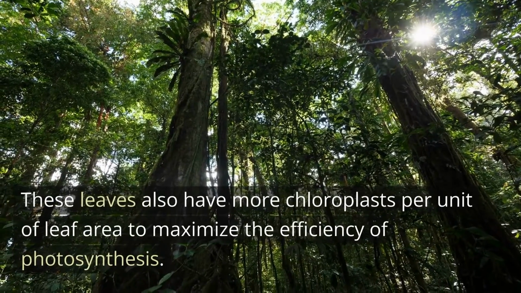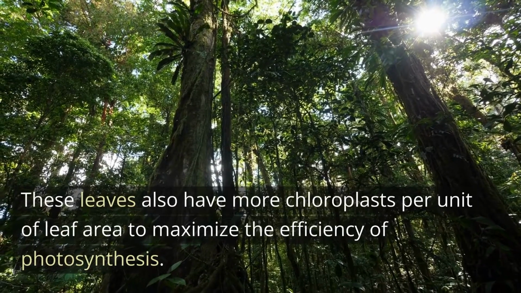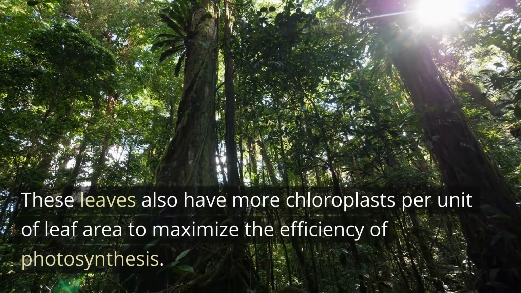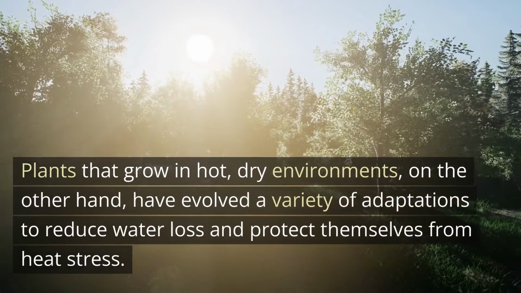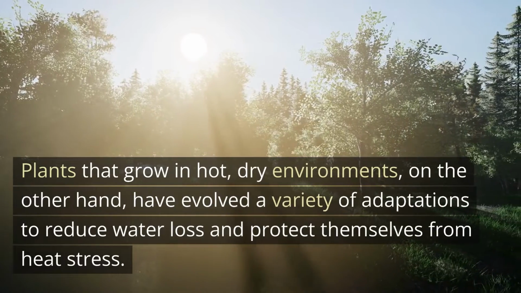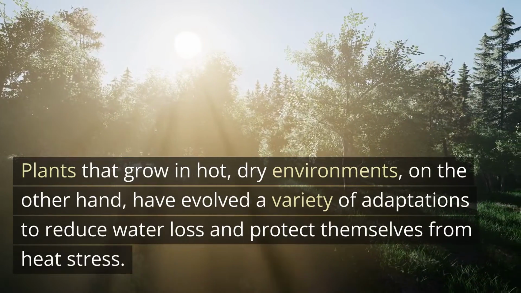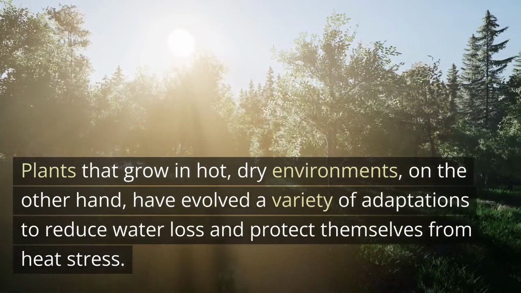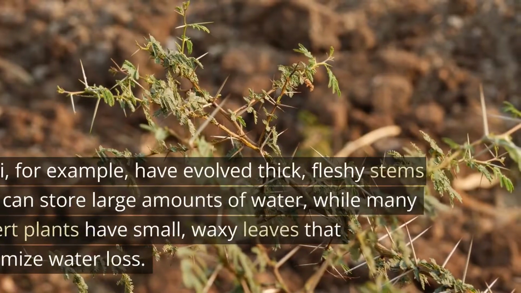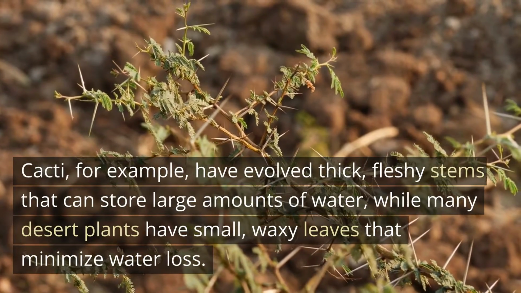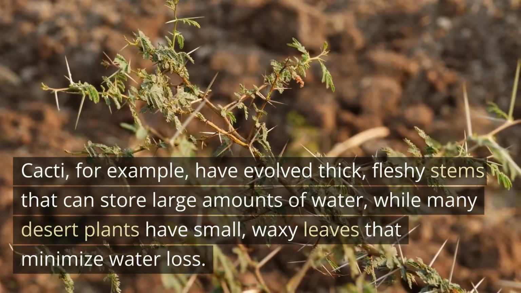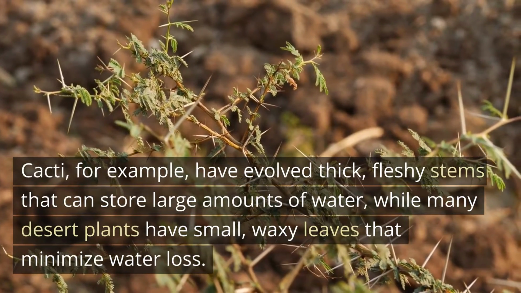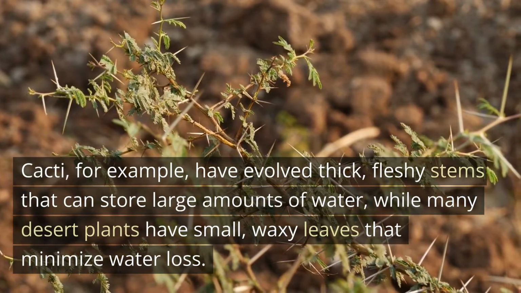These leaves also have more chloroplasts per unit of leaf area to maximize the efficiency of photosynthesis. Plants that grow in hot, dry environments, on the other hand, have evolved a variety of adaptations to reduce water loss and protect themselves from heat stress. Cacti, for example, have evolved thick, fleshy stems that can store large amounts of water, while many desert plants have small, waxy leaves that minimize water loss.